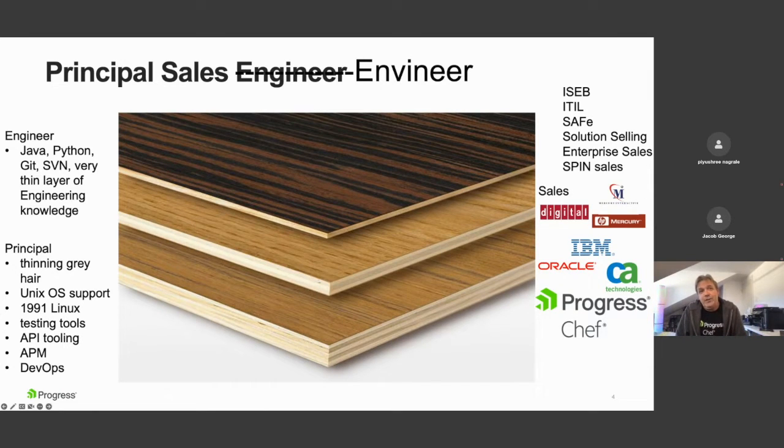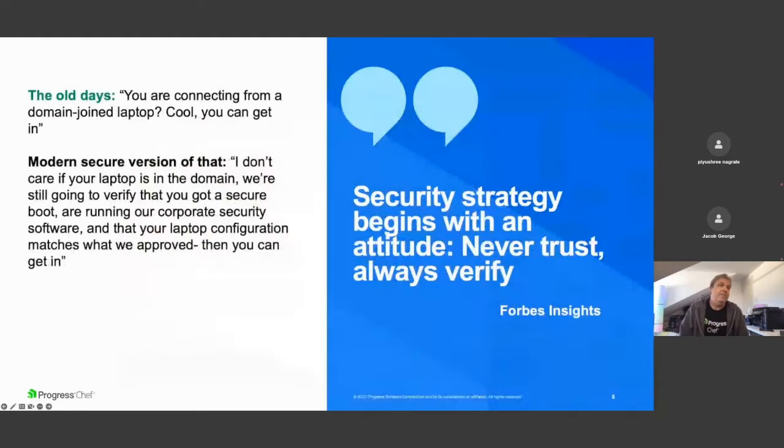I like the term principal sales engineer so much, I've put it in my LinkedIn profile. The problem is that anyone who finds me on LinkedIn is going to see that it says engineer, and they'll think that either I can't spell or I'm not detail oriented enough to spell it correctly and to care. So any ideas about how to improve my LinkedIn profile will be very welcome. But anyway, that's me, principal sales engineer.